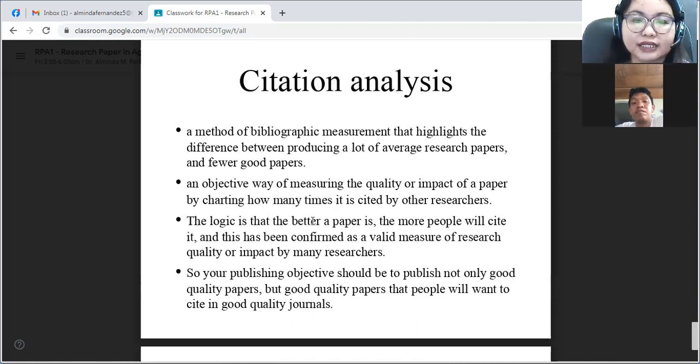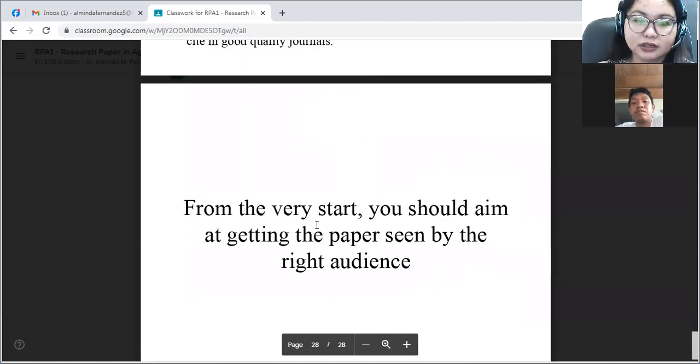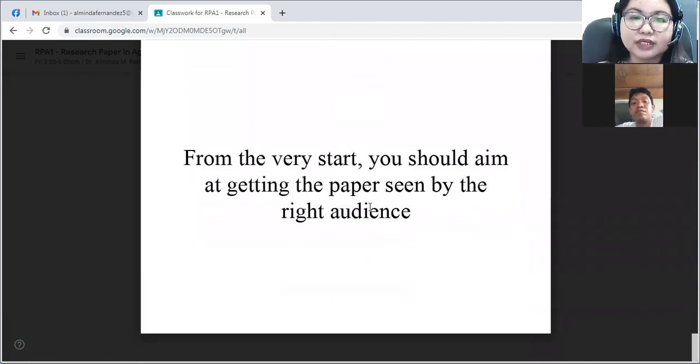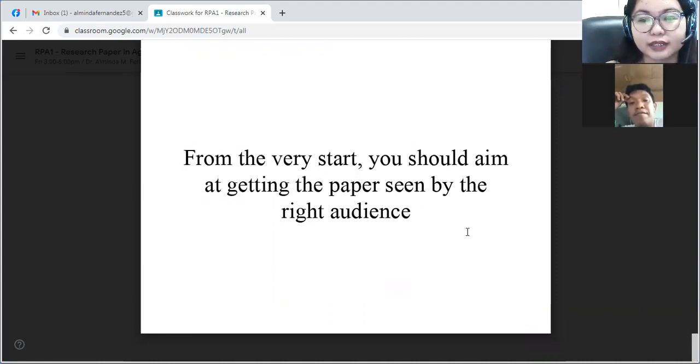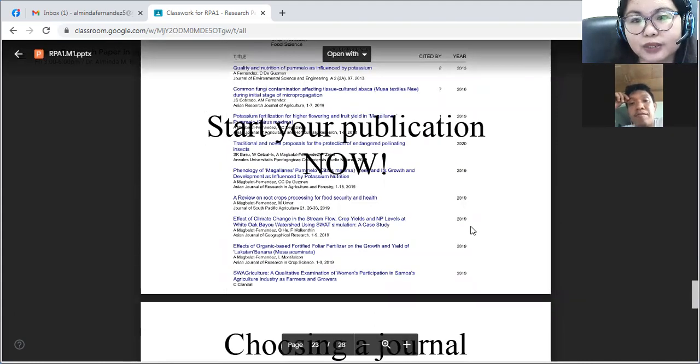So that's the essence of your knowledge. From the very start, you should aim at getting the paper seen by the right audience. Where do you want to help? If you have knowledge of something you want to share, you can write it down and publish. So that's all for our session.